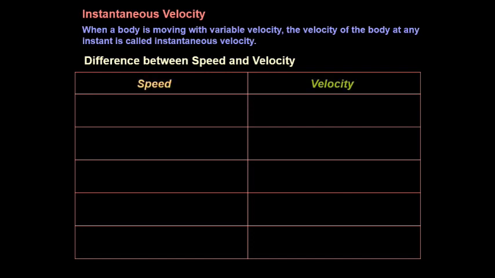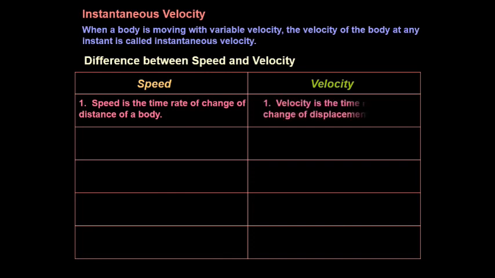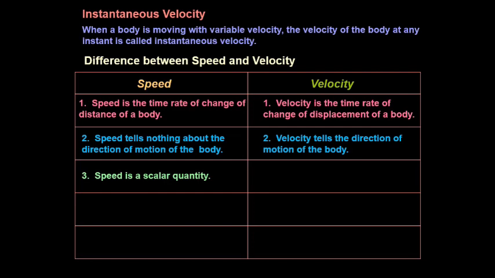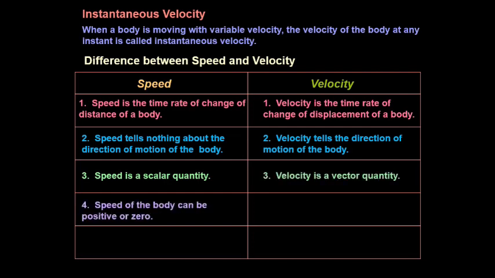Difference between speed and velocity. Speed is the time rate of change of distance. Velocity, time rate of change of displacement. Speed tells nothing about the direction of motion of the body. Velocity is the direction of the body. Speed is a scalar quantity. Velocity is a vector quantity. Speed of the body can be positive or 0.